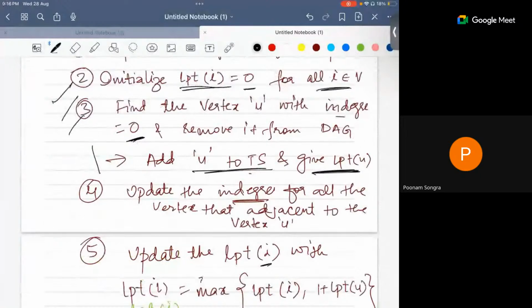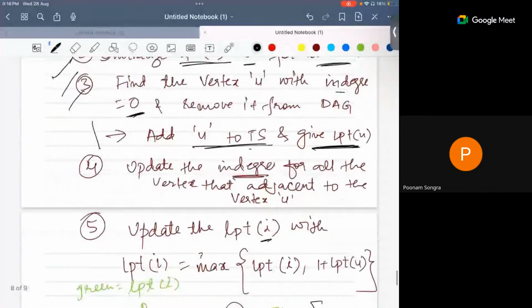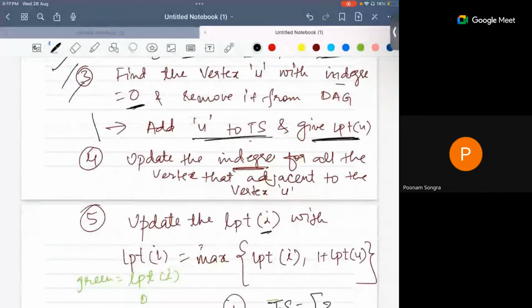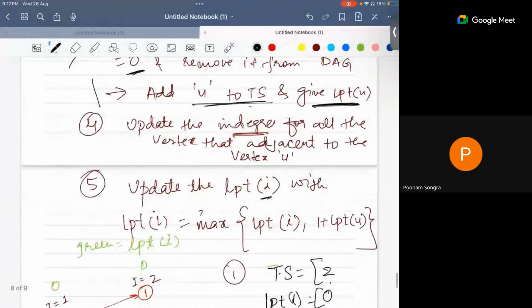First you have to get the vertices with in-degree 0. Then you have to update the value of whichever vertices are adjacent to that vertex. Okay, are you getting me or not here? Is it clear or not? Clear, clear.